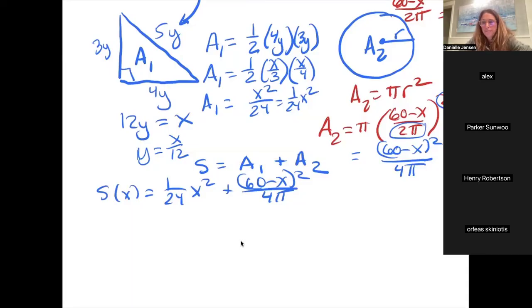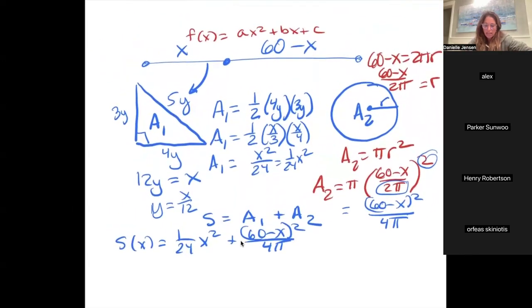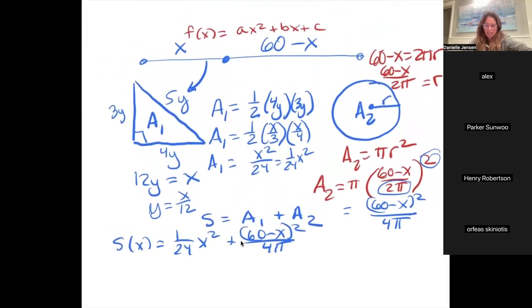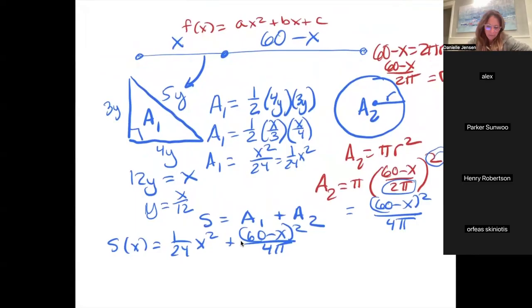For these types of problems, you're trying to get the area of whatever shape you're dealing with in terms of x, or in terms of whatever variable you choose. With my string, I chose x, but the goal is always to get whatever equation you're working with in terms of one variable. I could have used p, or whatever, for my variable.